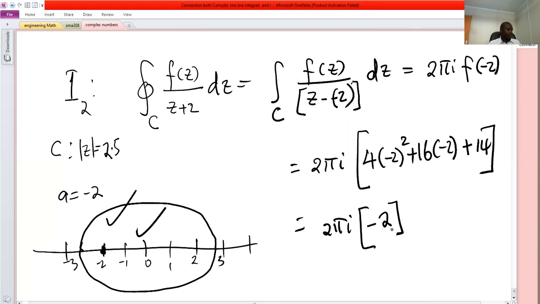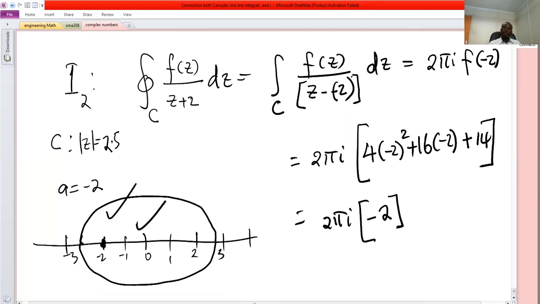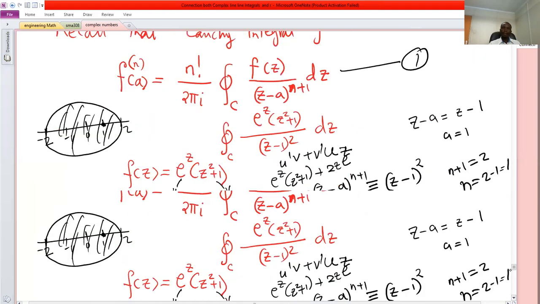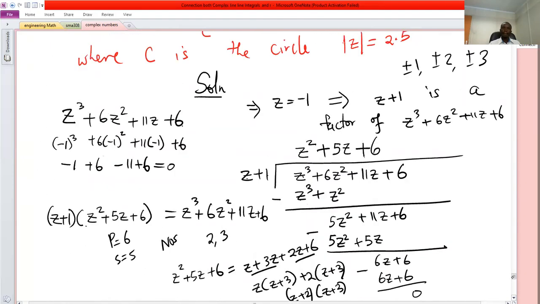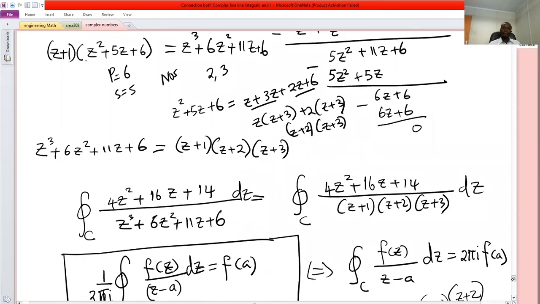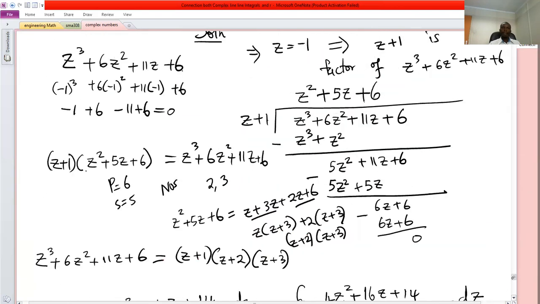So minus 2, and so this will give us minus 4 pi i. So that's what we have.